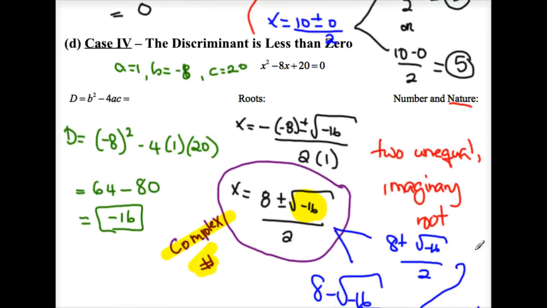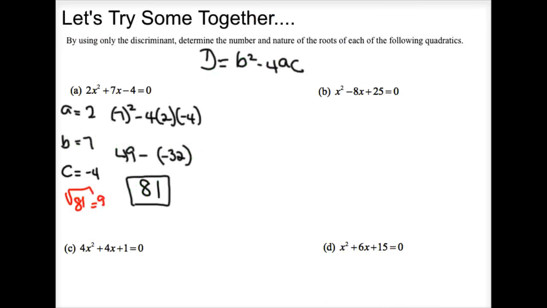And the last case is when it's less than 0, it's 2 unequal imaginary roots. So this is from the first case, and I know that it is going to be 2 unequal rational roots. That's all we have to do, and these are normally multiple choice.